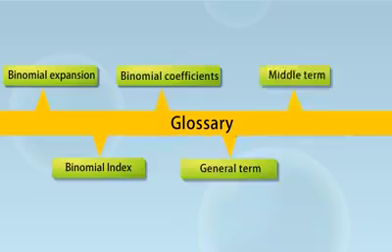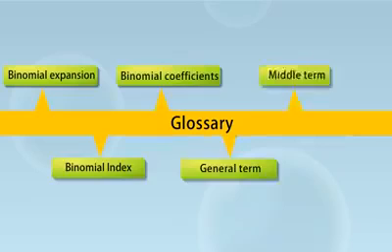Summary. Let us summarize what we have learned. The expansion of a binomial for any positive integral power is given by the binomial theorem, in which the coefficients of the expansions are arranged in an array. This array is called Pascal's triangle.